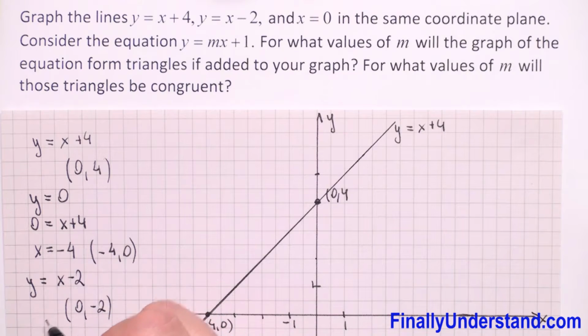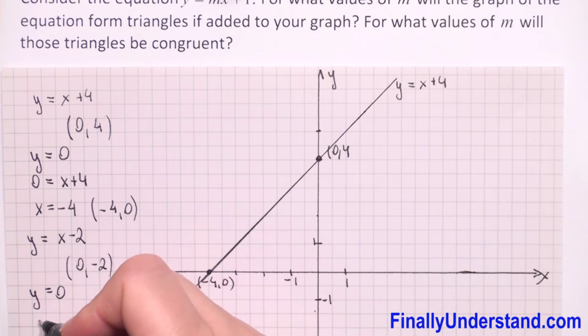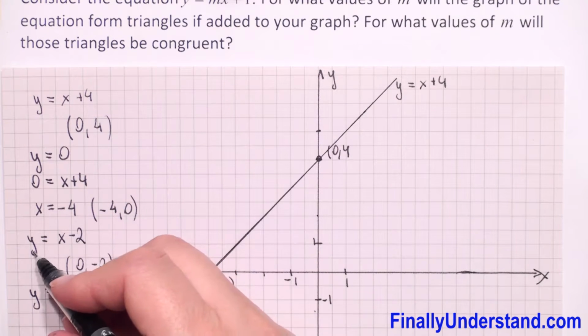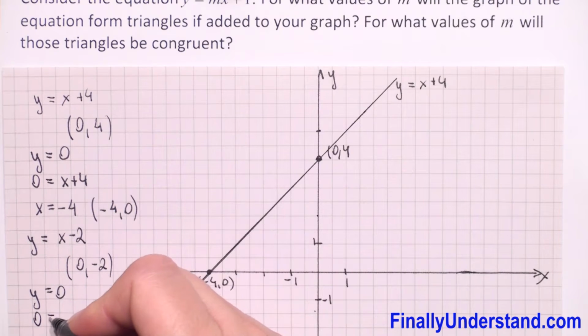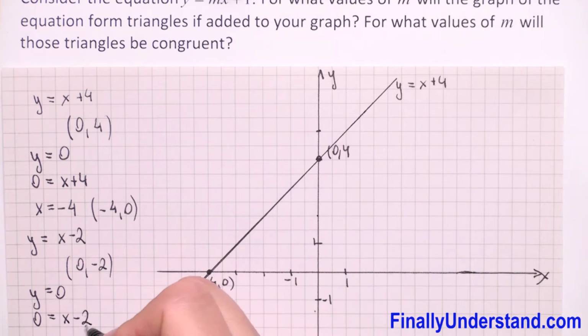To find the point where our line passes the x-axis, we put y equal to 0. So we have 0 is equal to x minus 2. I will move negative 2 to the left and change the sides, so x is equal to 2, and the second point is (2, 0).